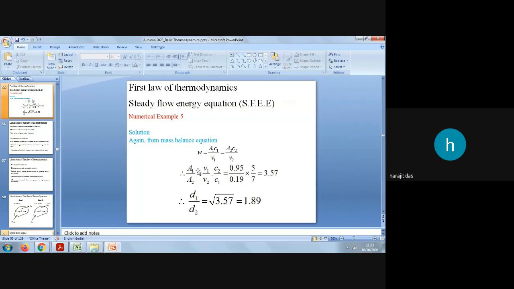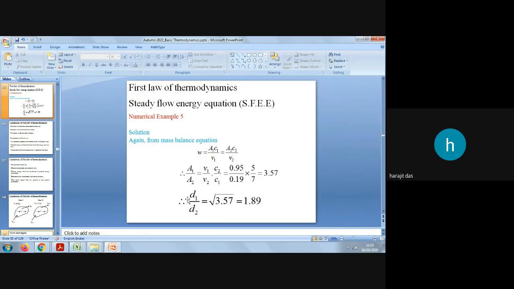Pi by 4 d1 square is the area in terms of d1, and here it is pi by 4 d2 square, so pi by 4 will be cancelled out. So d1 by d2 will be the square root of 3.57, and you will get 1.89 as the diameter ratio of the inlet and outlet diameter.